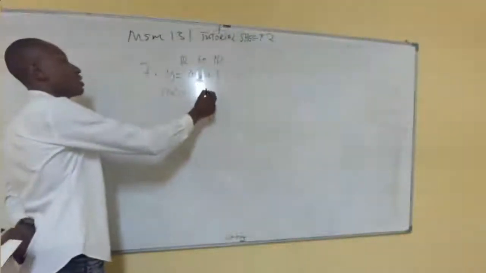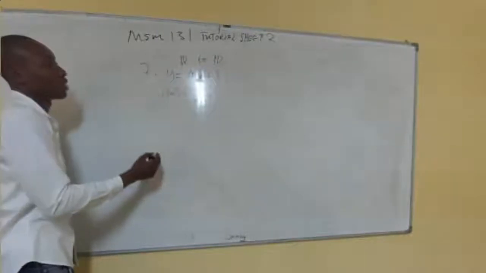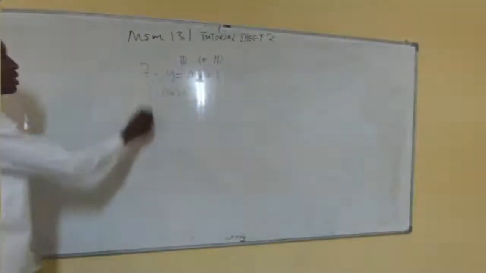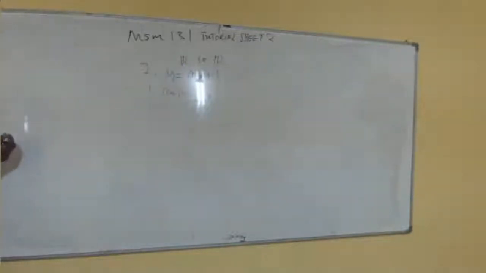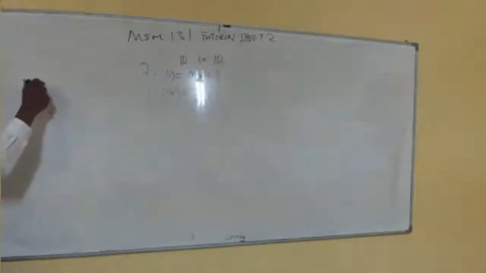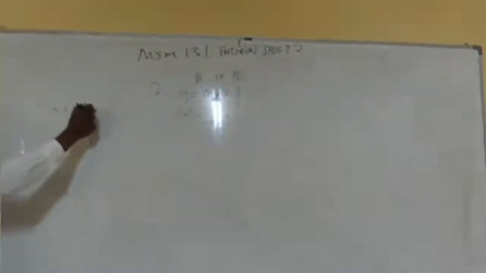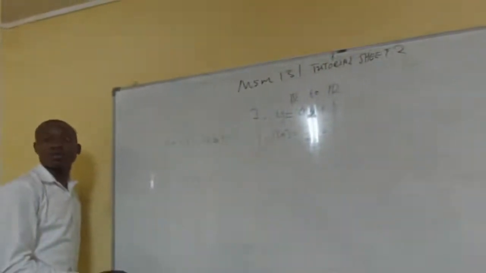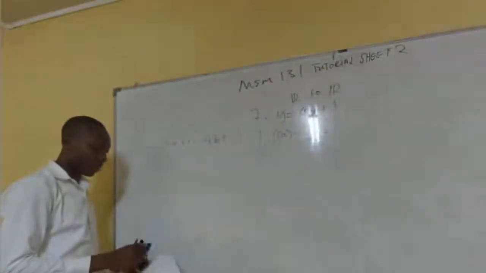So let's say this is equal to f of a and this is equal to f of b. We want to determine whether this is actually a one-to-one function. What we're going to do is replace x with a, so we have 4a plus 1 is equal to 4b plus 1.